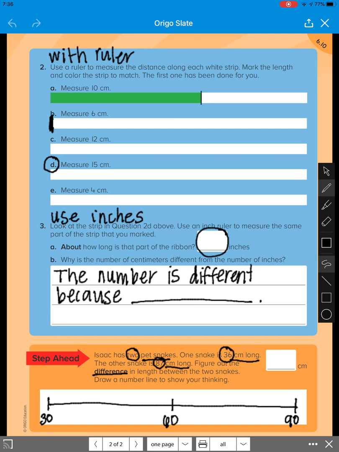So in between, you can fill that out. And then you're going to place where 36 would be and where 87 would be on your number line. Then it says the word difference. I know the word difference means to subtract, so I'm going to do something with subtraction.